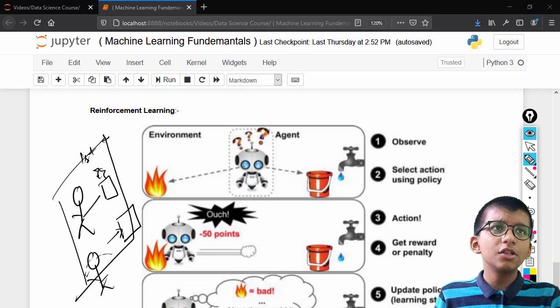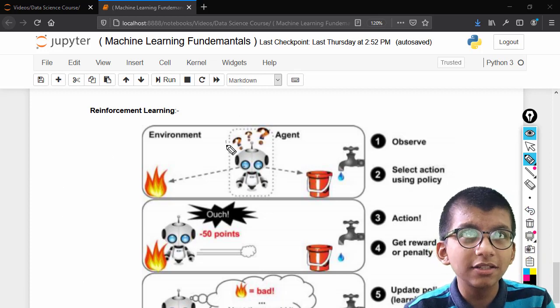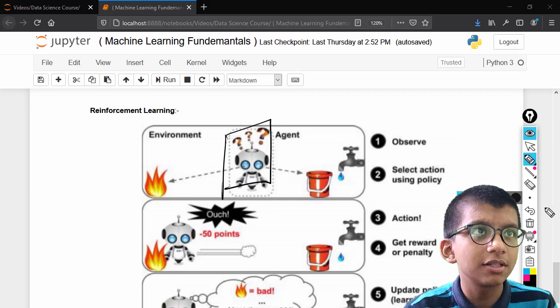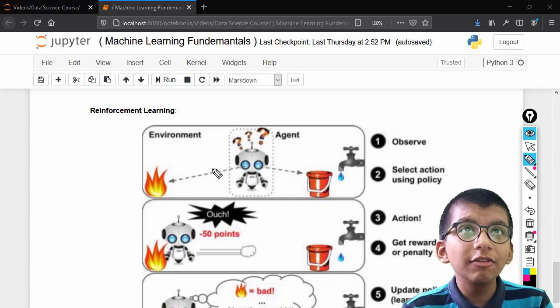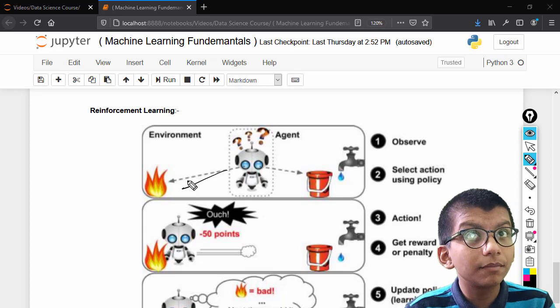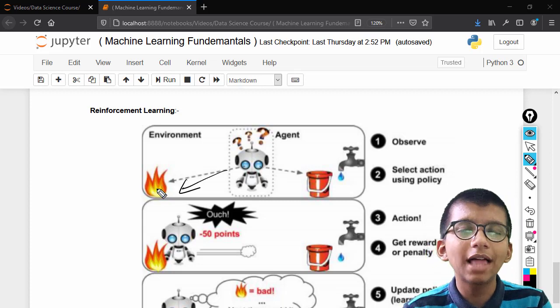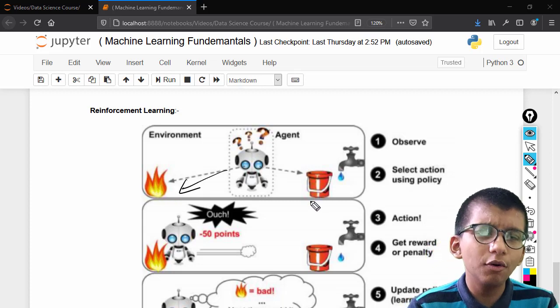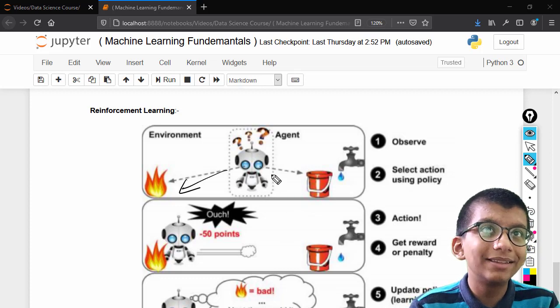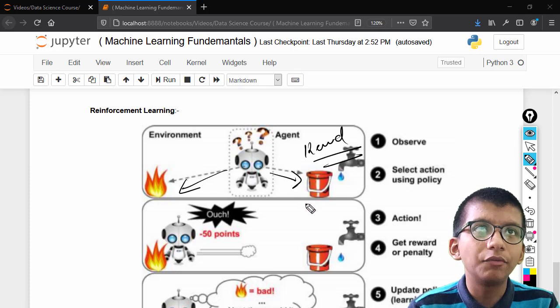We can relate this. So in reinforcement learning, this is our agent. This is a pretty good agent, and if it touches the heat or this lava, it will get minus 50 points, or it will go this way and get a reward.